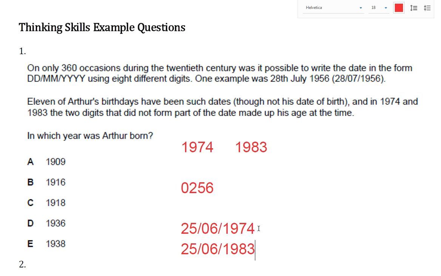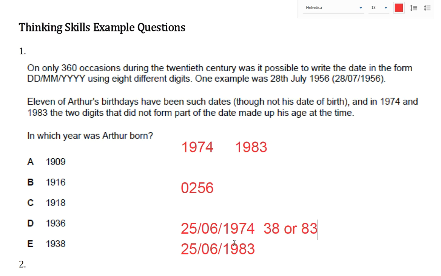Now, the other clue you were given was that the 2 digits not used would make up his age at the time. So which 2 digits did we not use in the first one? It's pretty clear because it has to be in the year. So it's the 3 and the 8. So the 2 possible ages could be 38 or 83.